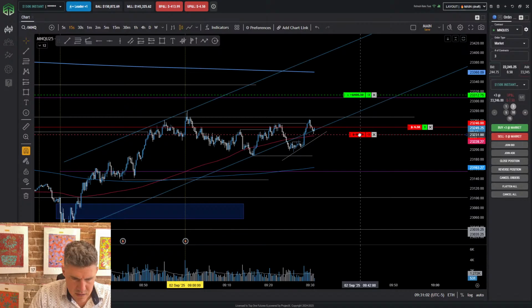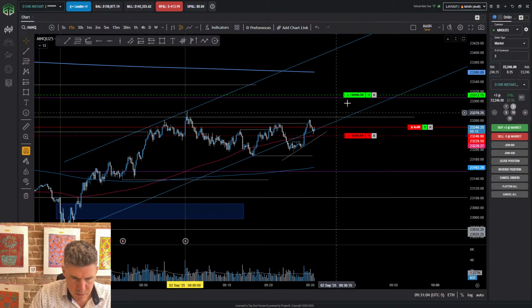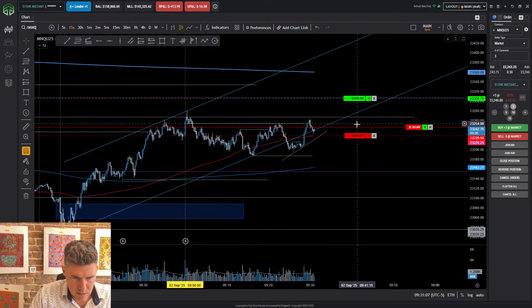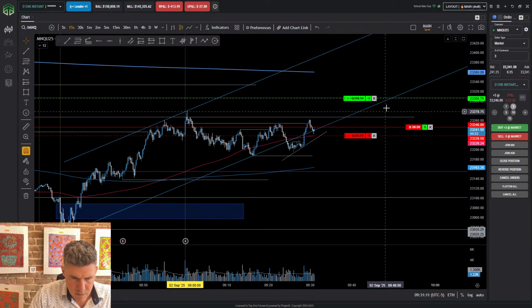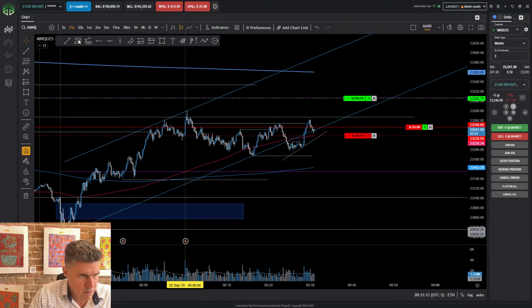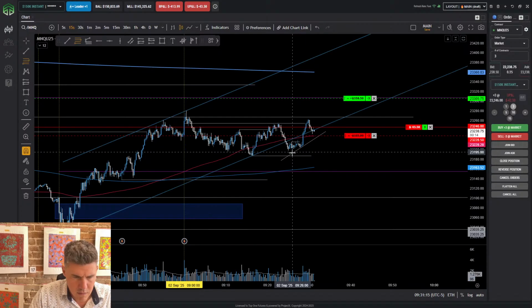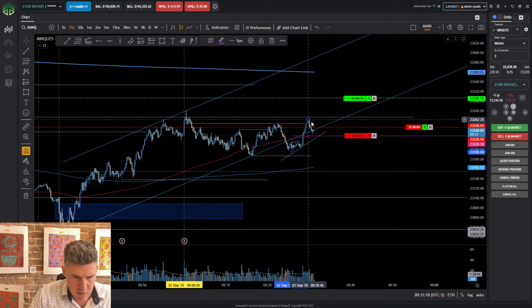Order filled. I'm taking this because I like the look of that bar. I like this pin bar right here. I really do. Shooter counters hammer.